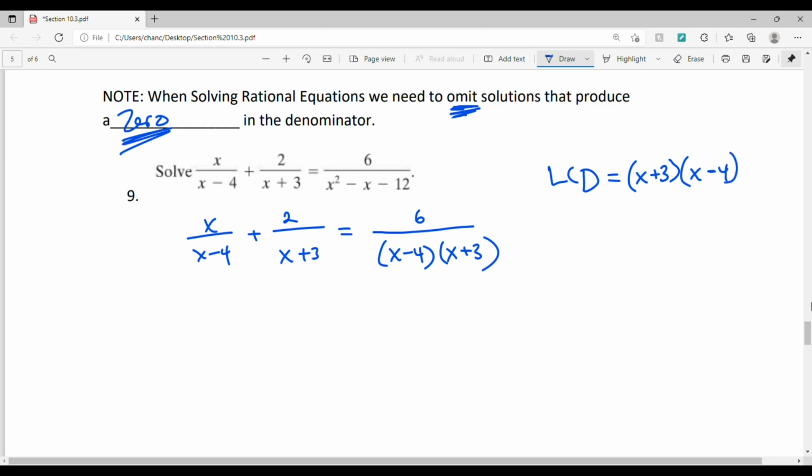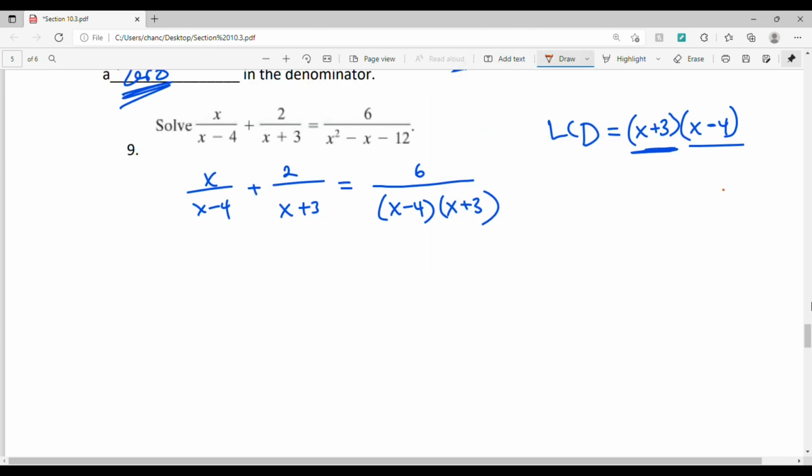I need to be divisible by x minus 4, so that's why I took that. I need to be divisible by an x plus 3, and so we have that. And the denominator on the far right here has both components, and that's all we need. We don't need any additional factors.